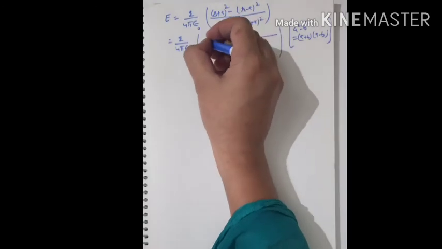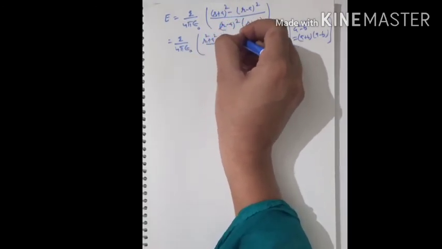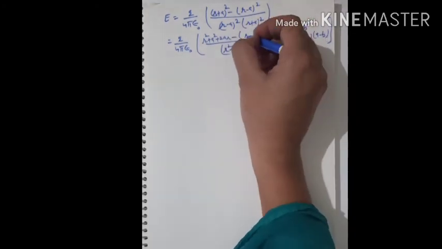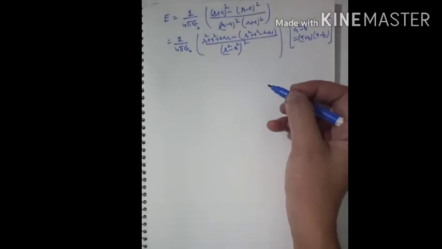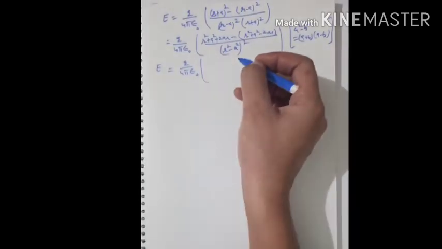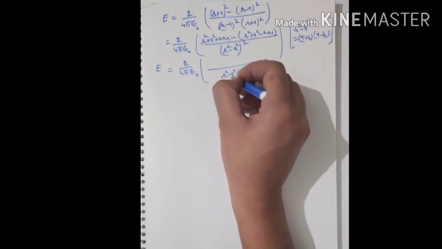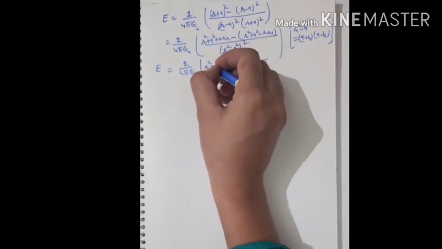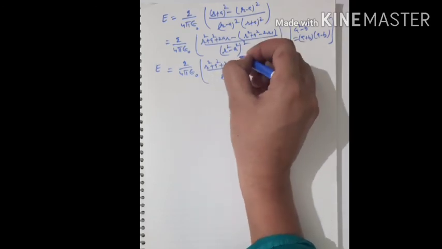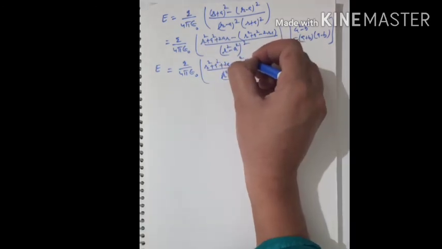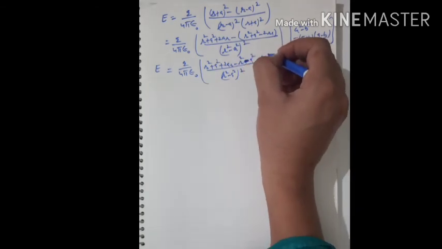So again solve: r square plus a square plus 2ar minus r square minus a square plus 2ra.